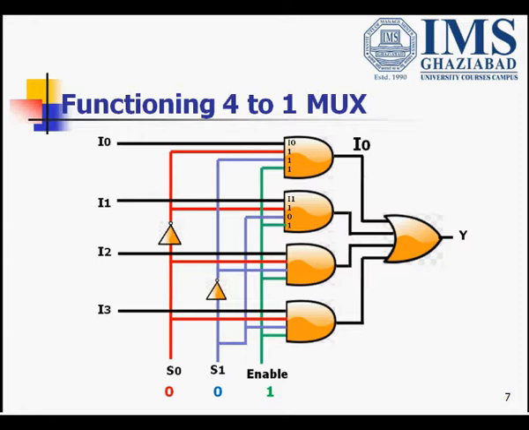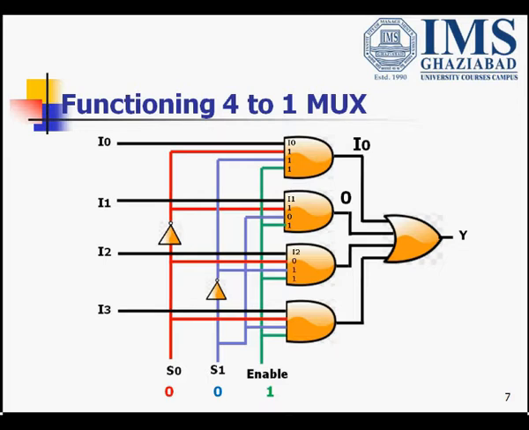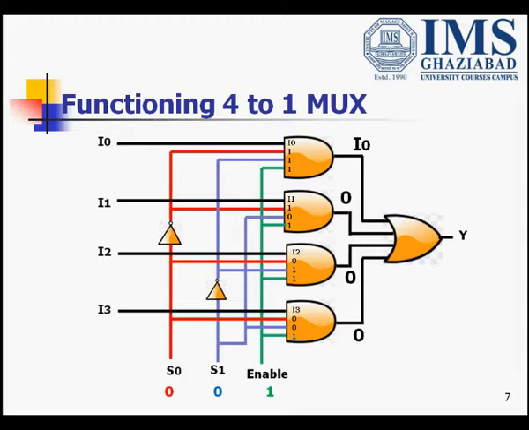In second AND gate, the inputs are I1, 1, 0, 1. Since one input is 0, the output for AND gate would be 0. In third AND gate, it is I2 0 1 1. Now since one input is 0, output is 0. Similarly, in fourth AND gate, it is I3 0 0 1. Two inputs are 0, output would be 0.